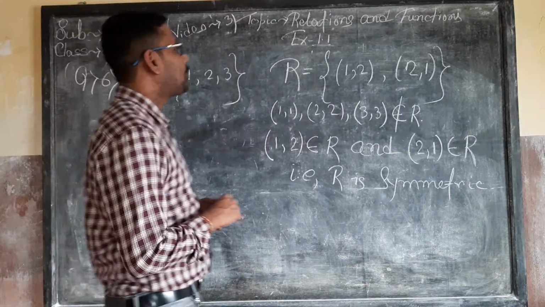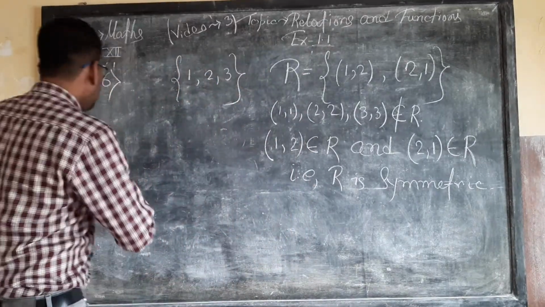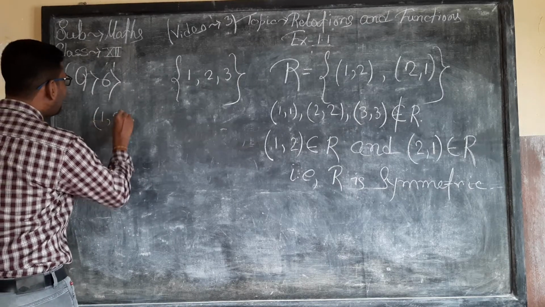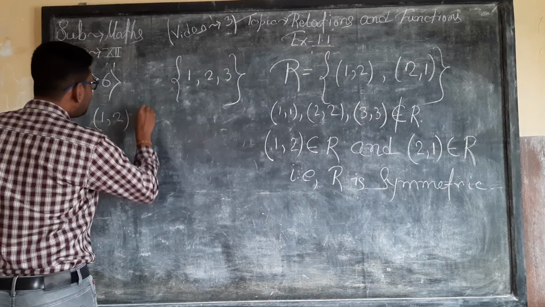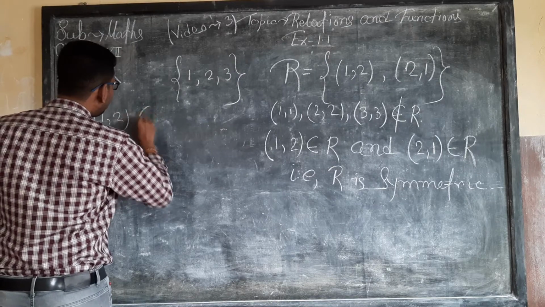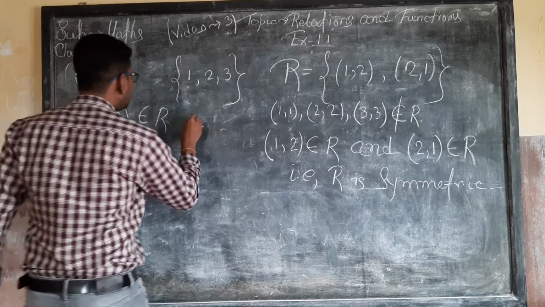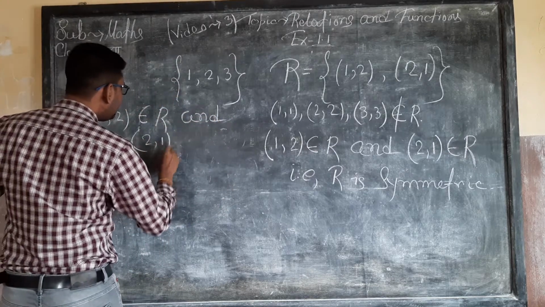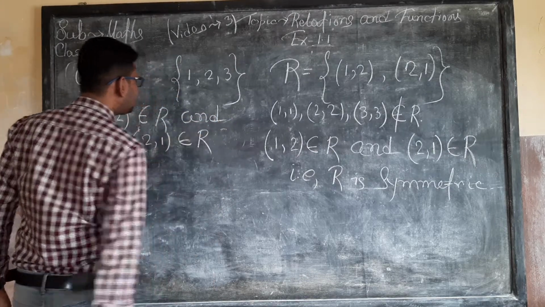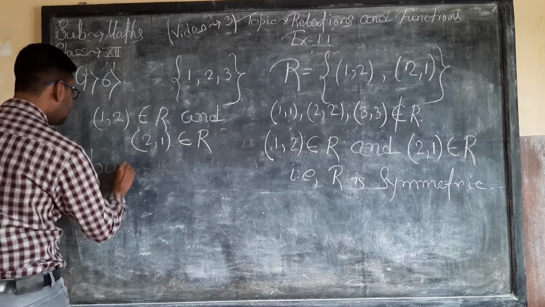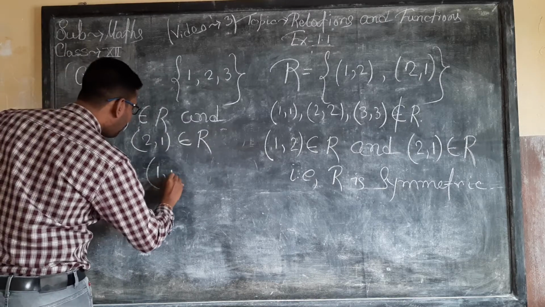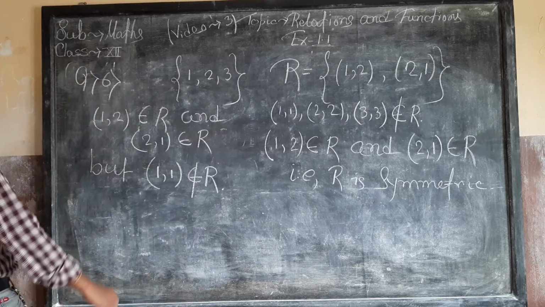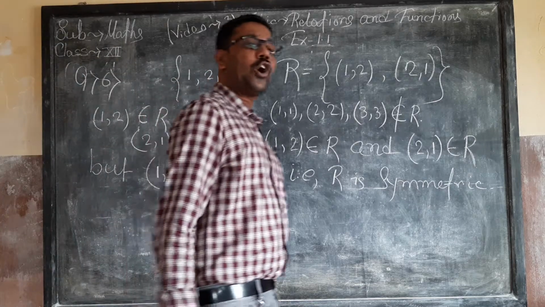After that, the transitive property. The relation R contains (1, 2) belongs to R and (2, 1) belongs to R, but (1, 1) does not belong to R, so this relation is not transitive.